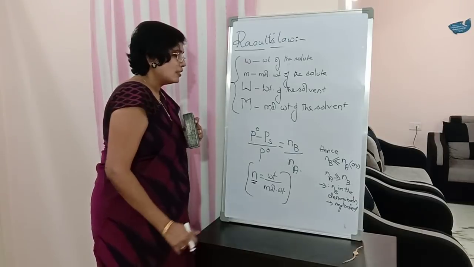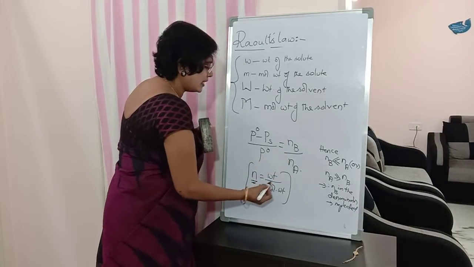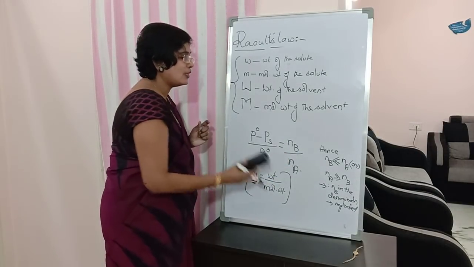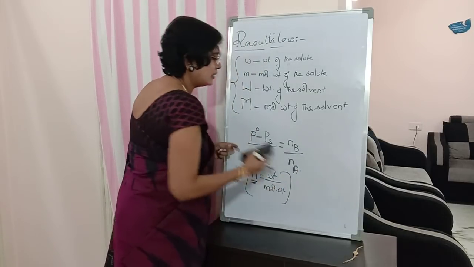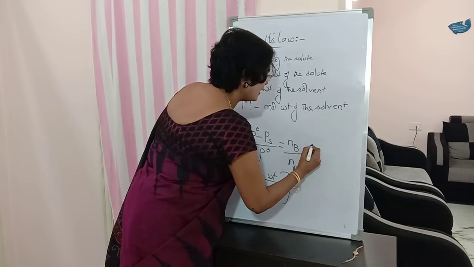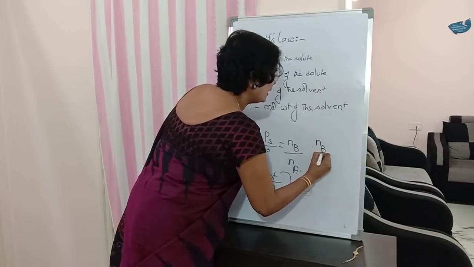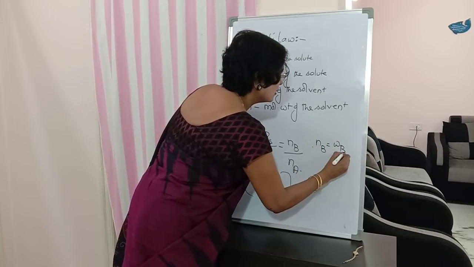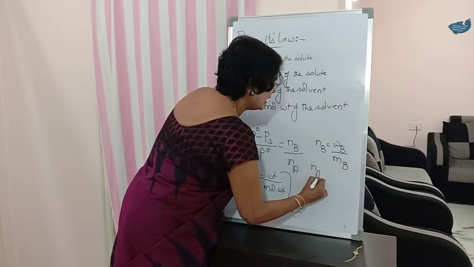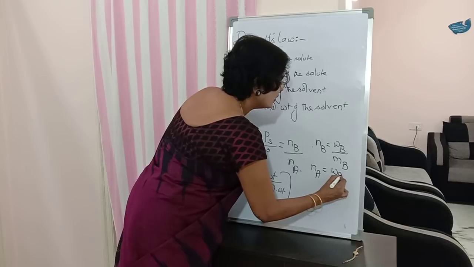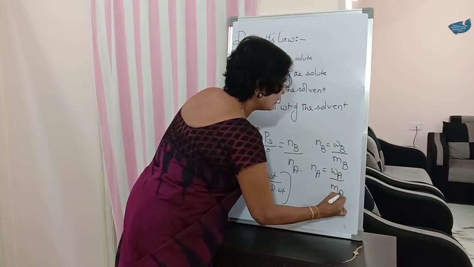Okay, so now we have seen number of moles is equal to weight by molecular weight. Okay, therefore students, here write down Nb will be equal to Wb by Mb and Na will be equal to Wa by Ma.